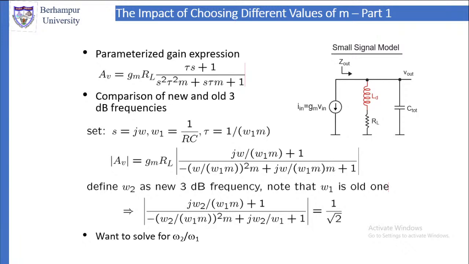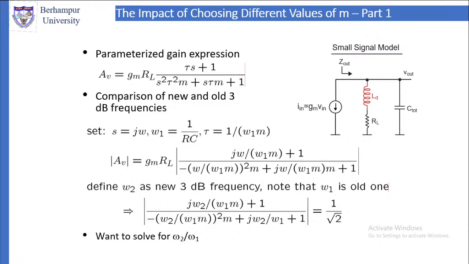So the magnitude of AV is equal to GM RL into the magnitude of j omega by omega 1 m plus 1 in the numerator. In the denominator we will get minus omega by omega 1 m square into m plus j omega by omega 1 m into m plus 1.